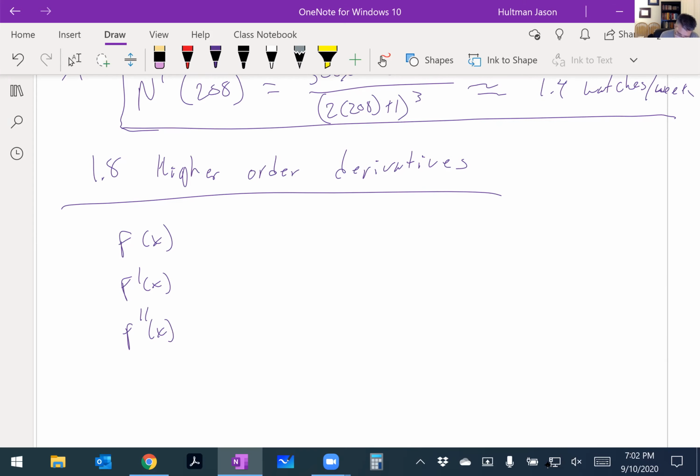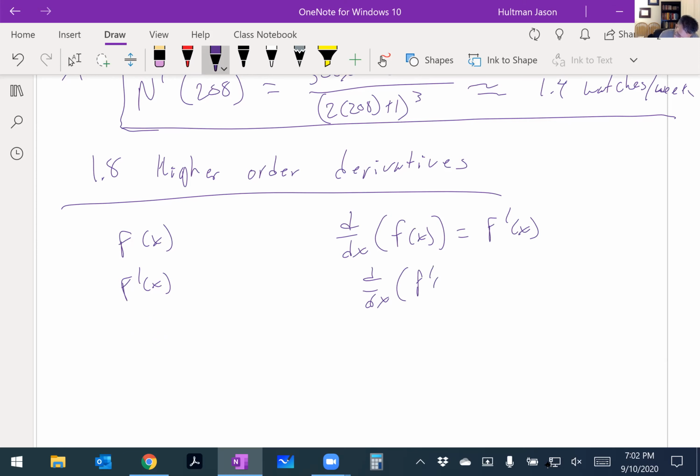So we could say that d dx of f of x is equal to f prime of x. And if we take the derivative of f prime of x, then we say that that's the second derivative. So this was the first derivative, and this guy here is the second derivative.